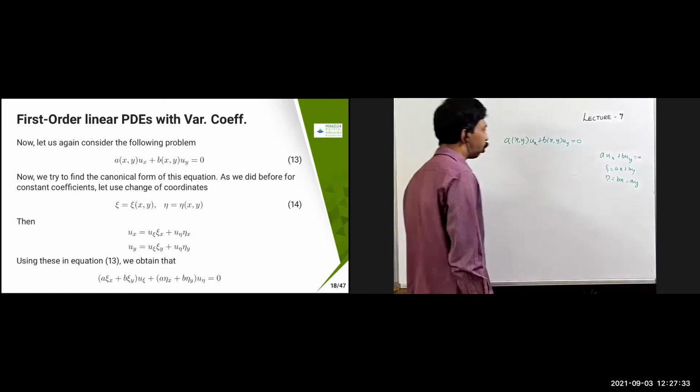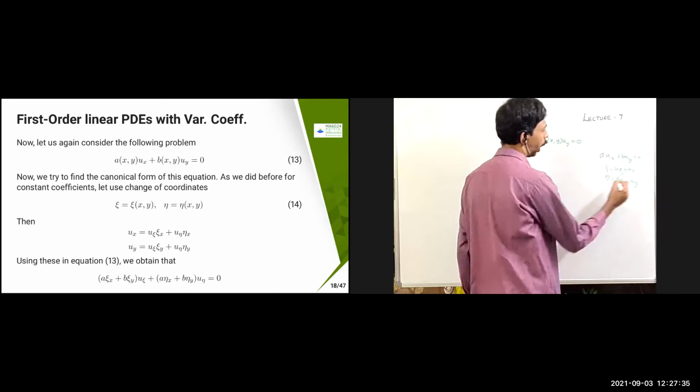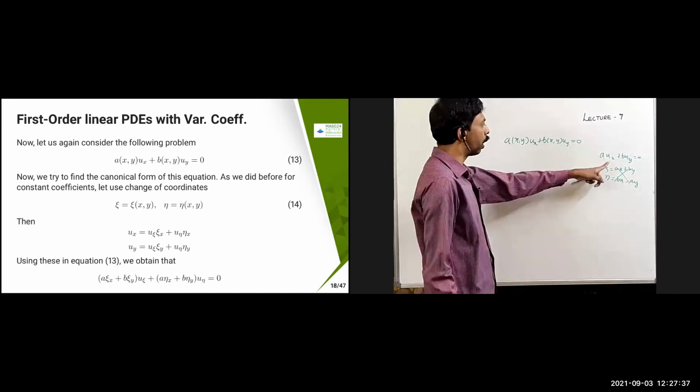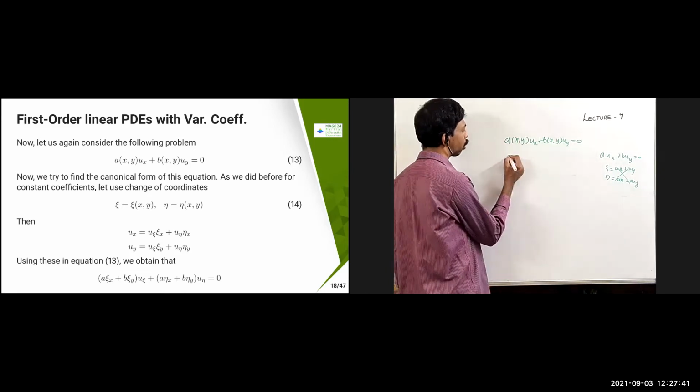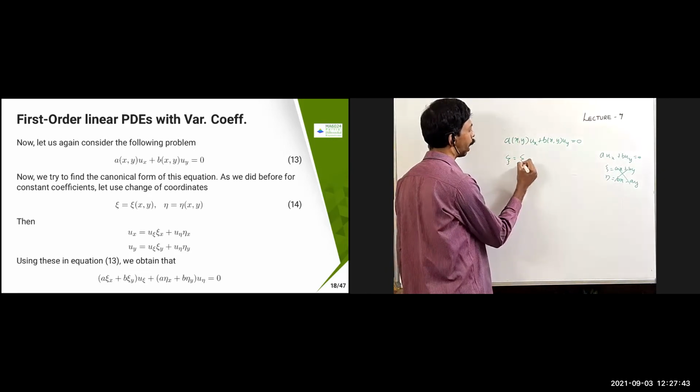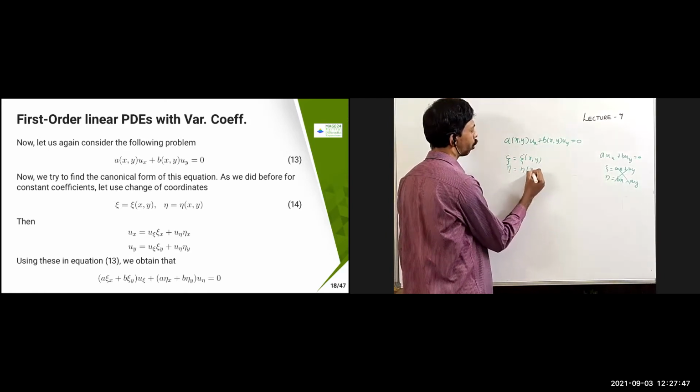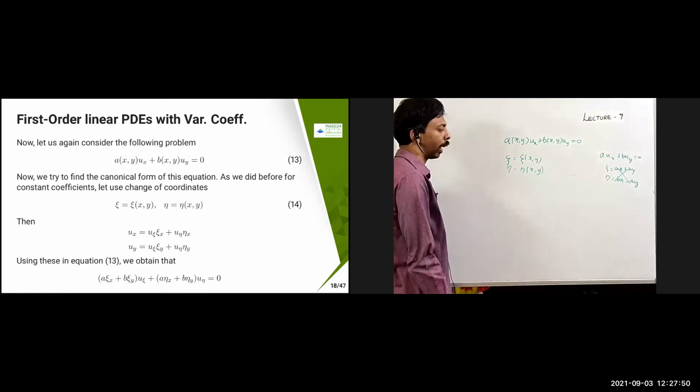Same thing we are going to do now, but not this one, because the coefficients are no longer constant. So I'm going to assume some change of coordinates: chi equal to chi of x comma y, and eta equal to eta of x comma y.